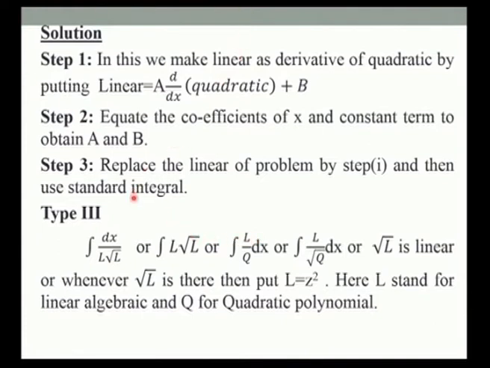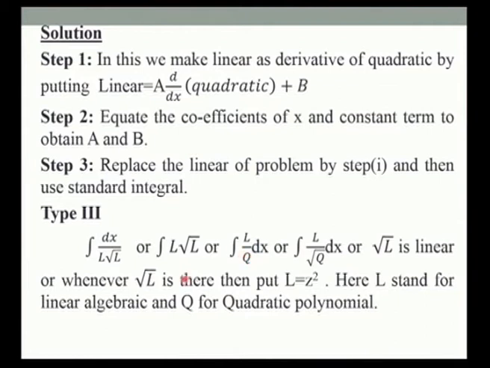So the third type is of the form dx over linear into square root of linear, or linear into square root of linear, or linear over quadratic, already we have seen this, or linear over square root of quadratic, this also we have seen in the earlier step, or linear square root of linear. So in any of these four forms, if the given rational function exists, that comes under type 3 rational function.